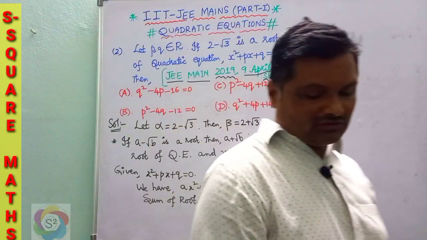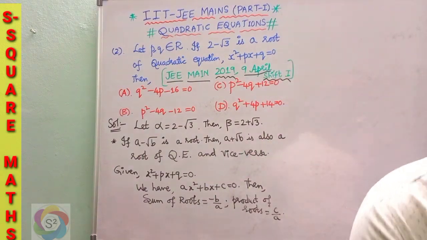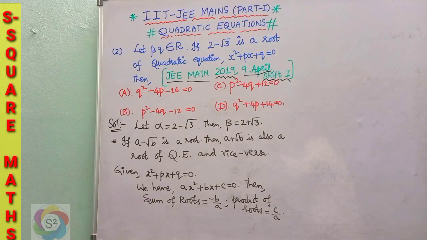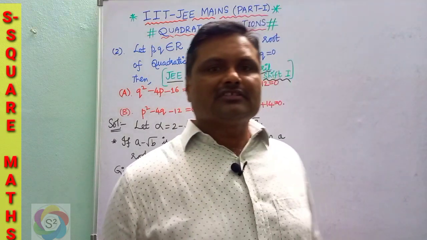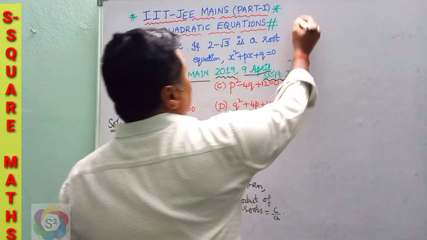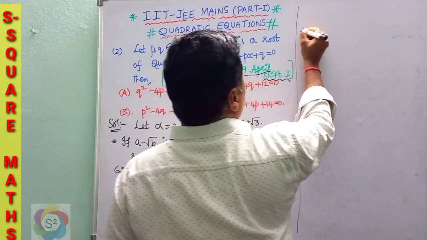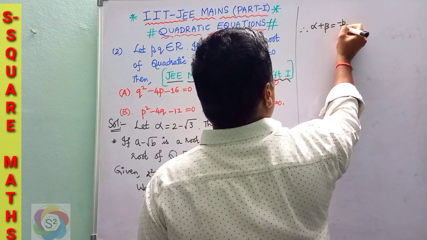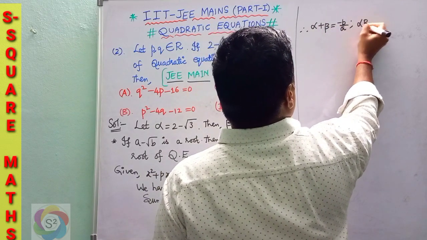Now, the sum of the roots is minus b by a and the product of the roots is c by a. So therefore I can write alpha plus beta is minus b by a, and alpha into beta is c by a.